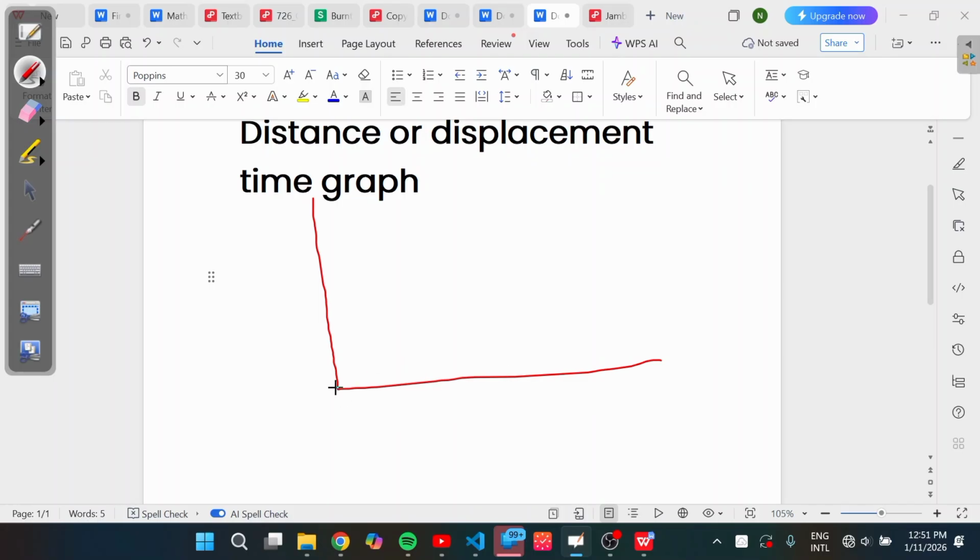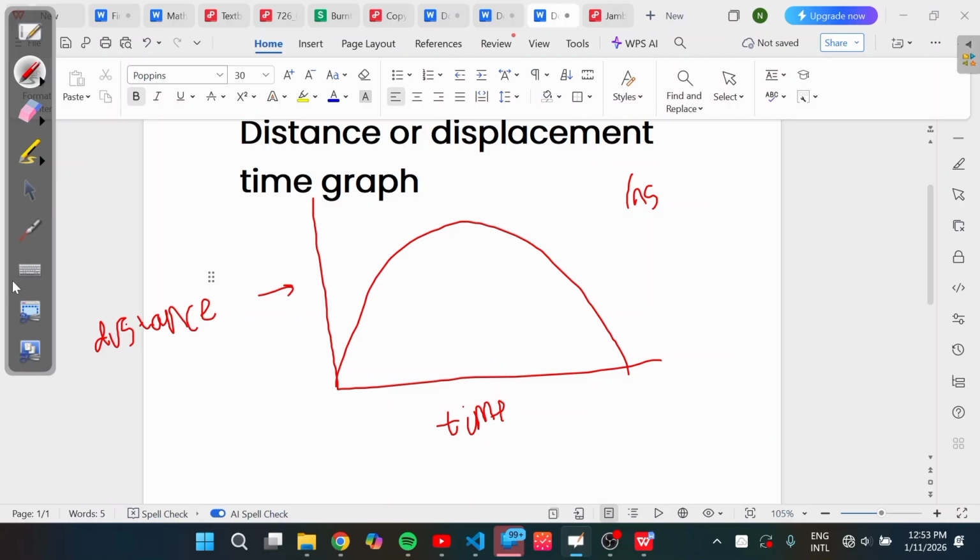Then you can have, on this side of the graph, distance or displacement, and down here we have the time. So let me just actually explain what instantaneous velocity is.